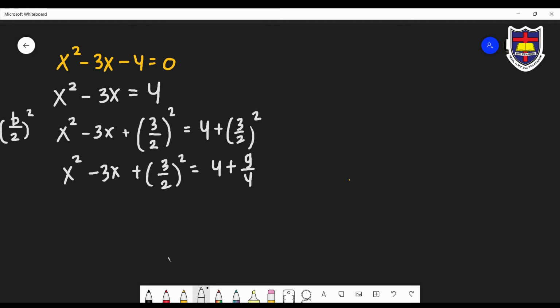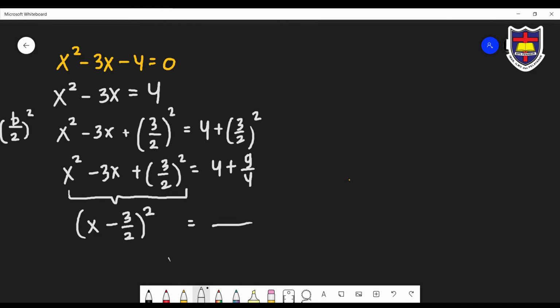Or we can write this one as a perfect square: (x minus 3 over 2) squared equals 4 plus 9 over 4.